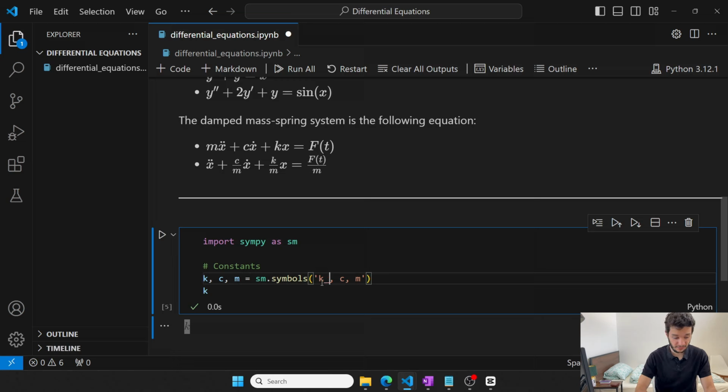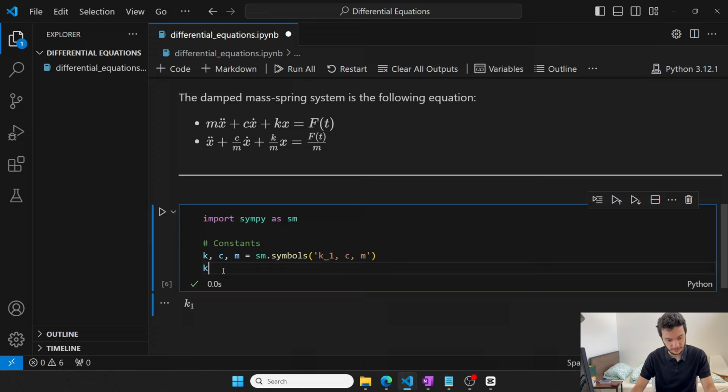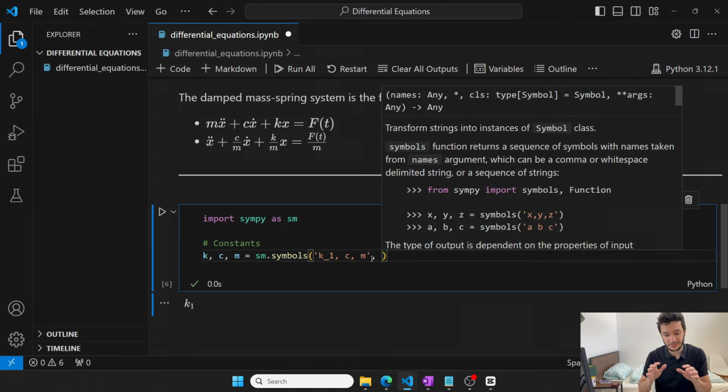If I specify here, for example, k subscript 1, now this k variable will be represented with this LaTeX formatting of k subscript 1. This is why we get k subscript 1 here. Additionally, you can add some constraints on your variable, saying that these are constants. I know that k, c, and m will always be positive.